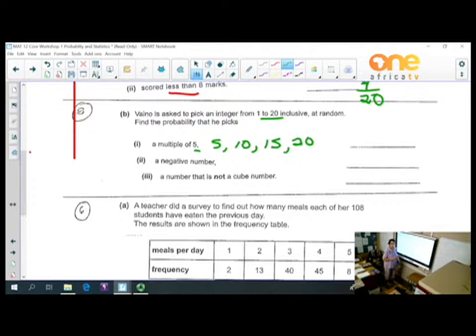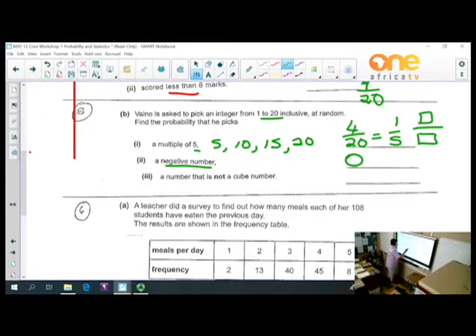So how many do we have now there? 4 out of 20, which simplifies to 1 out of 5. Use that button on your calculator to simplify it. Then negative numbers. Are there any negative numbers there? No. So this is impossible. So it is a 0. It's not going to happen.